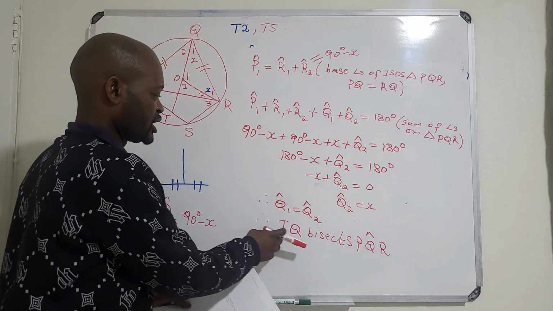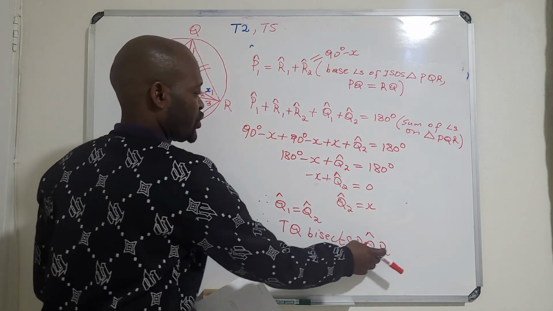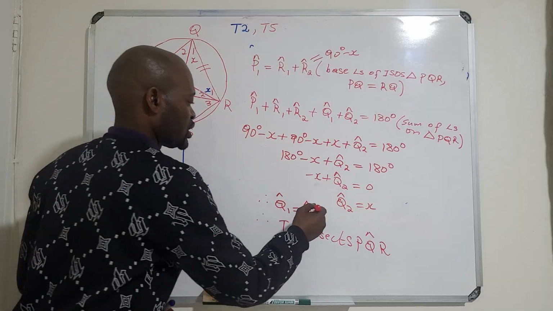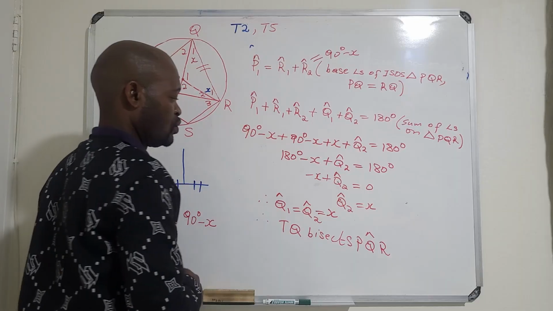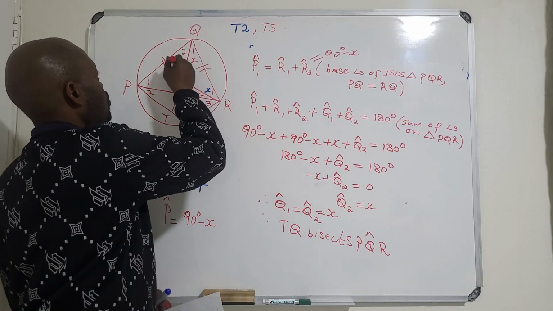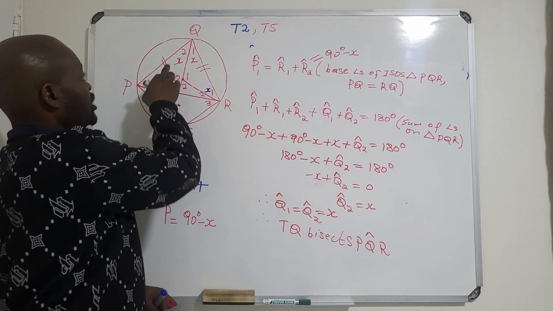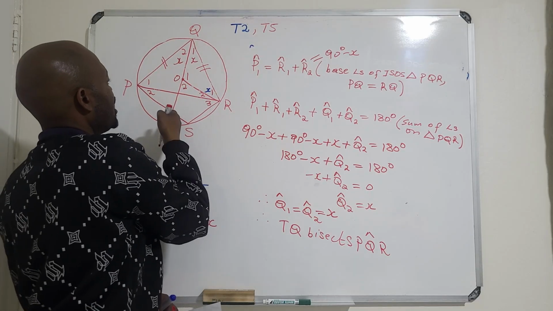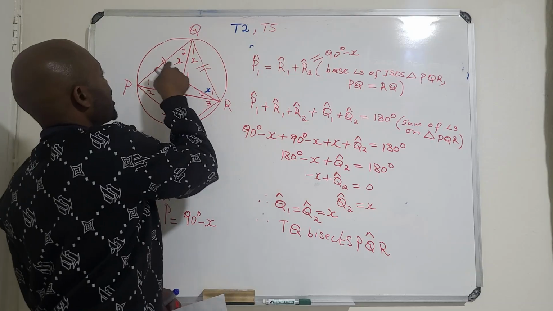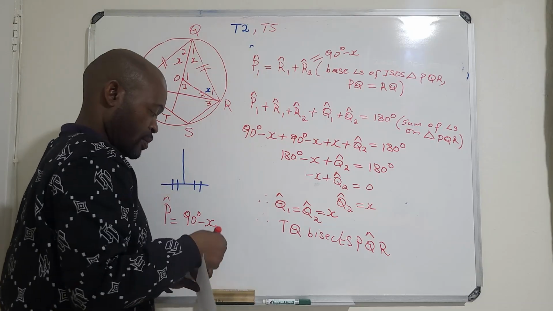We have just proved that TQ bisects angle PQR, where we got that angle Q1 is equal to angle Q2, which is equal to angle x. So this is angle x, and when this angle is equal to that angle, it means that this line bisects this whole angle.